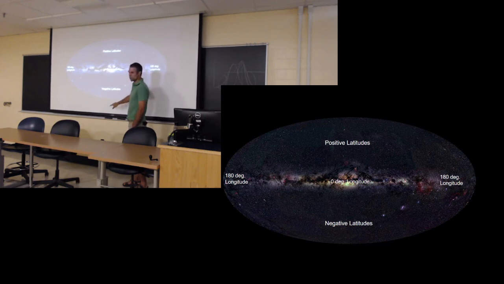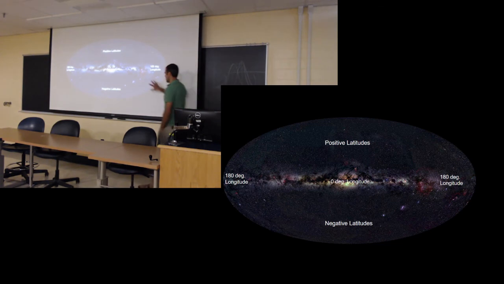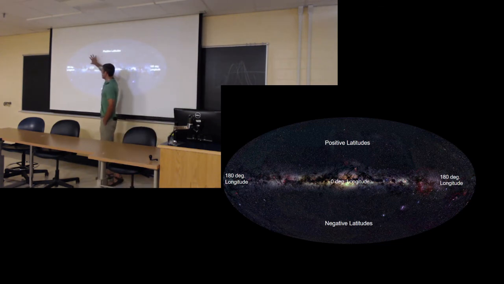It's kind of a horseshoe shape that encloses the Magellanic Clouds there. So those are the lowest declinations, and then the highest declinations are in this direction up here.